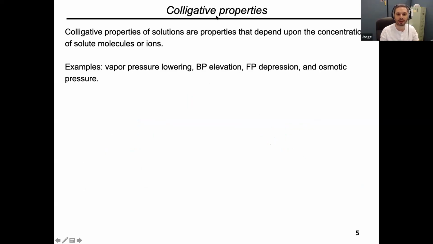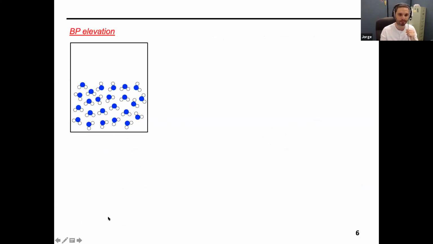Okay, so now let's talk about colligative properties of solutions. Colligative properties of solutions are properties that depend upon the concentration of solute molecules or ions. For example, vapor pressure lowering, boiling point elevation, freezing point depression, and osmotic pressure.